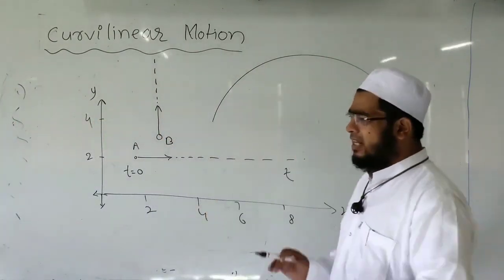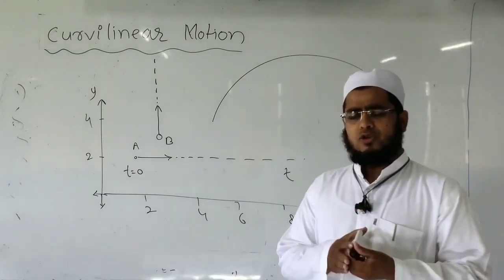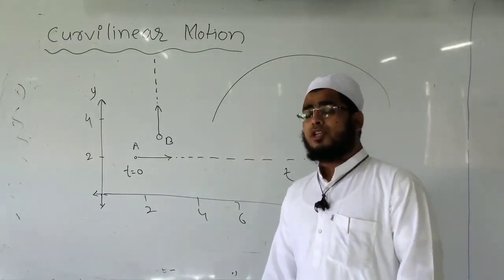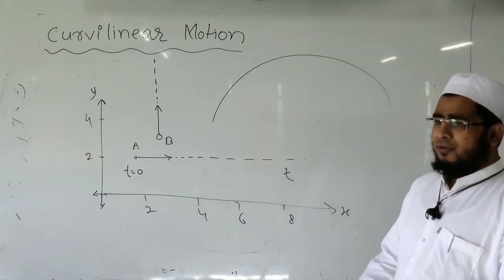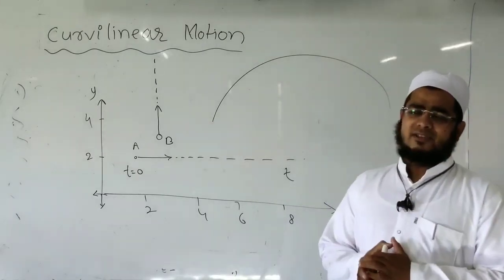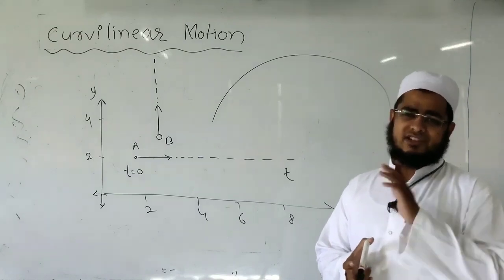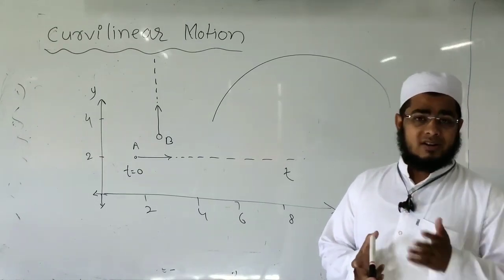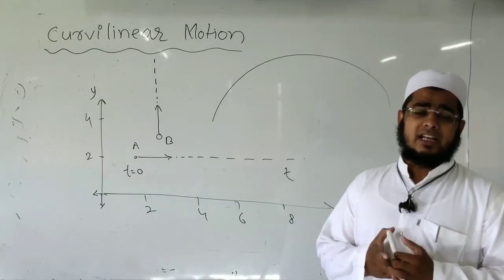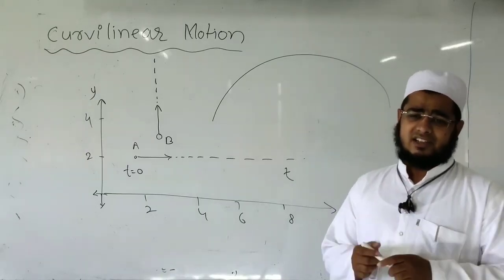From this example, we can conclude that in rectilinear motion, if some reference axis is fixed, the displacement is only in a single direction, or the position of the particle is changing only in a single direction.